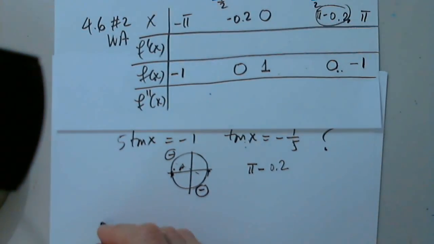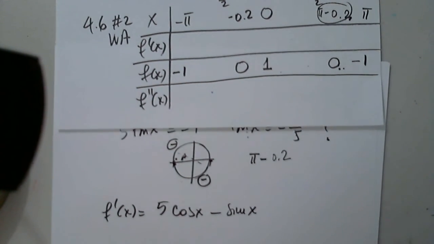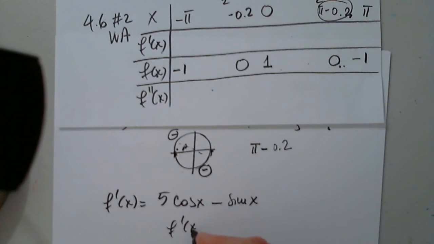So the first derivative, this is 5 cosine x minus sine x. And when I set it equal to 0, I will have the same thing. I will have tangent x equals 5. So now I have to find the critical numbers with arctangent 5.